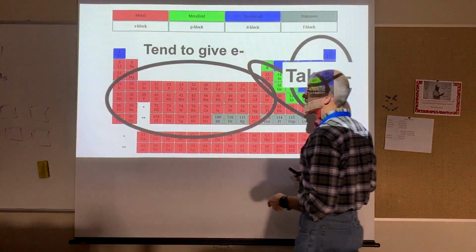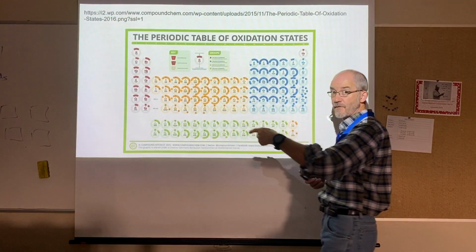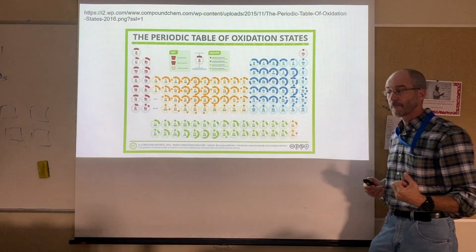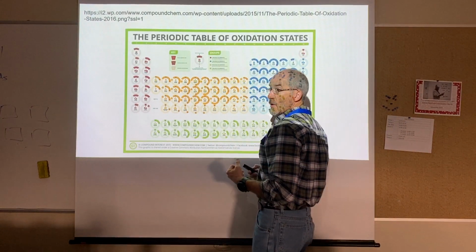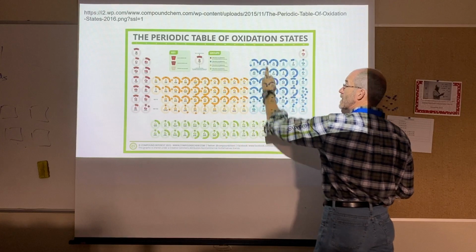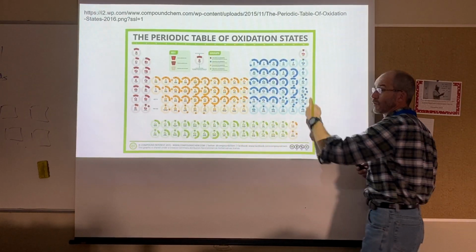Therefore, we give oxidation values to these elements. Some of them are positive, inferring that they give. Some of them are negative, inferring that they take. +1, +2, +3, plus or minus 4, -3, -2, -1, 0.